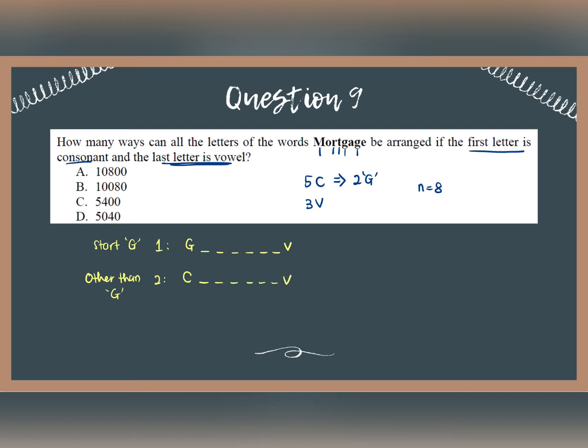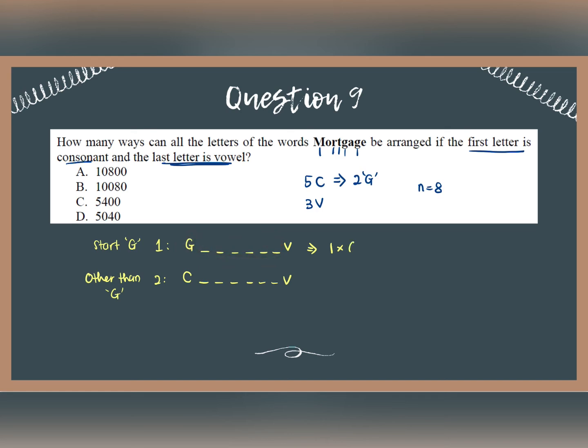Okay, now let's count berapa dia punya permutation. Bila dia start dengan G, so that means it will be start dengan 1 multiply by, dalam kalangan 6 letters ini, so there is no repeated G dah. Dia tak ada G dah sebab saya dah kira G ni asing. So ini akan jadi 6 factorial.